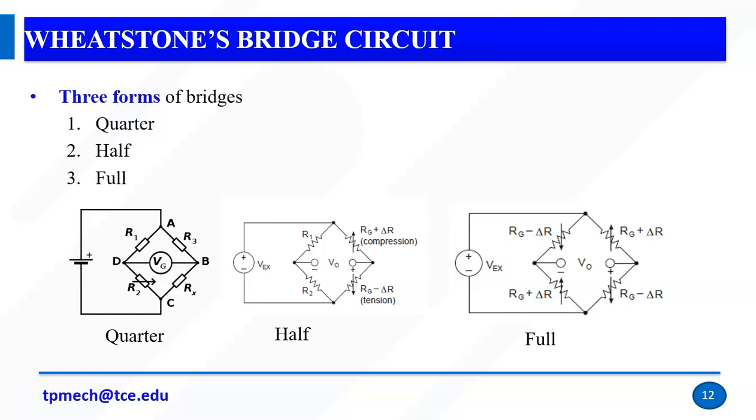If I modify any one of the resistances, then it is a quarter bridge. If I modify 2 resistances, then it is a half bridge. If I modify 4, then it is a full bridge, right?